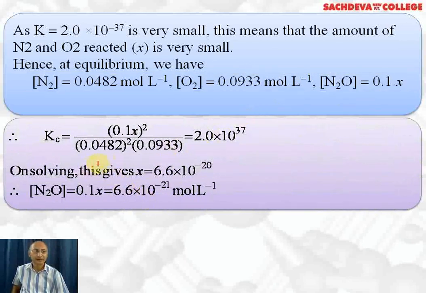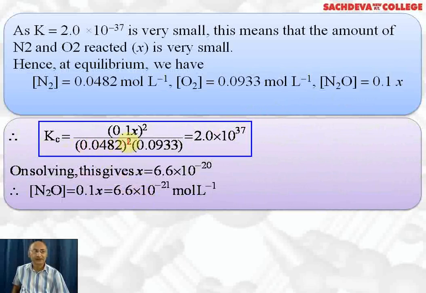Let us substitute their values. Kc will be equal to 0.1 X whole square, because it was N2O molar concentration whole square, divided by 0.0482 whole square, because it is molar concentration of nitrogen whole square, into molar concentration of oxygen, that is 0.0933. This equals 2 into 10 to the power minus 37.